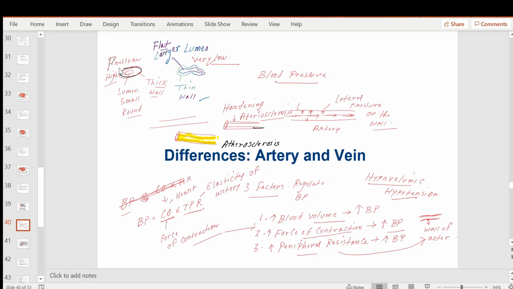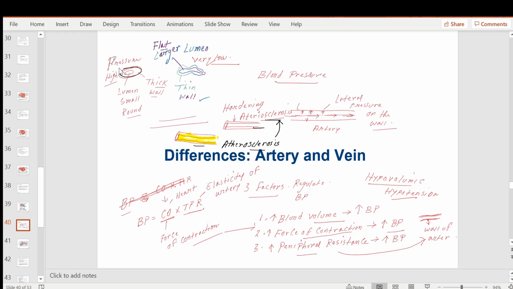So hardening due to loss of elasticity, change of the tissue, that is arteriosclerosis, and narrowing of the lumen of the artery due to accumulation of fat or fat plaques, that is called atherosclerosis. Prolonged atherosclerosis can lead to arteriosclerosis.